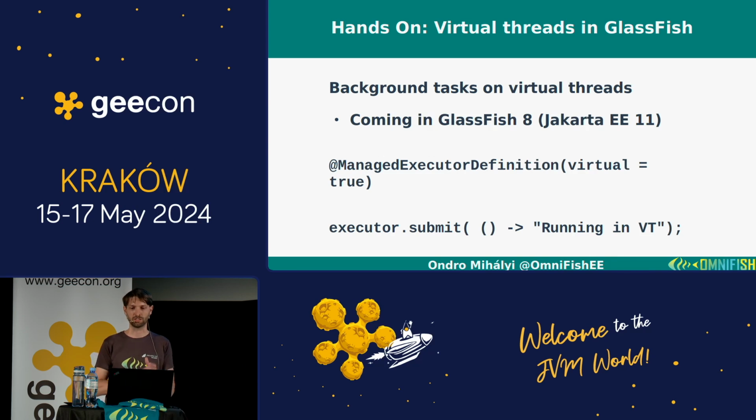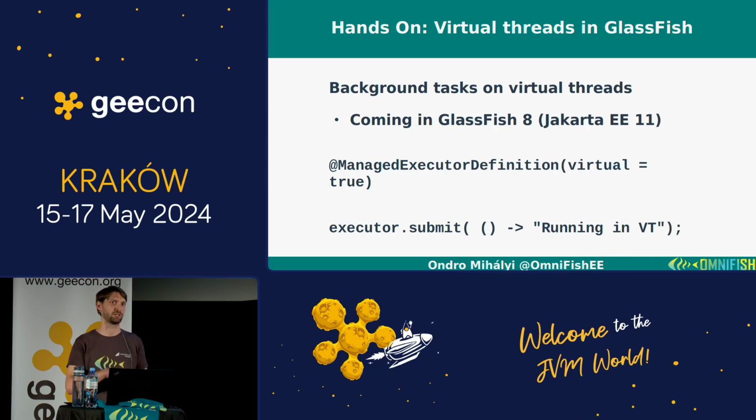Now with Jakarta EE 11, there's one simple change in the API. This virtual thing here is just a hint for the application server. So if the application wants to create an executor with virtual true, and the server is capable of creating virtual threads, then it will create virtual threads instead of platform threads.